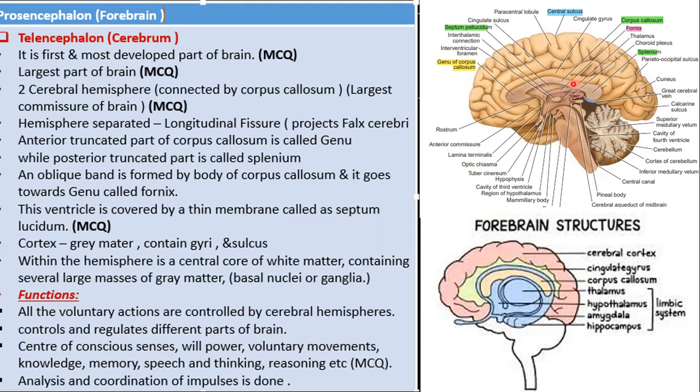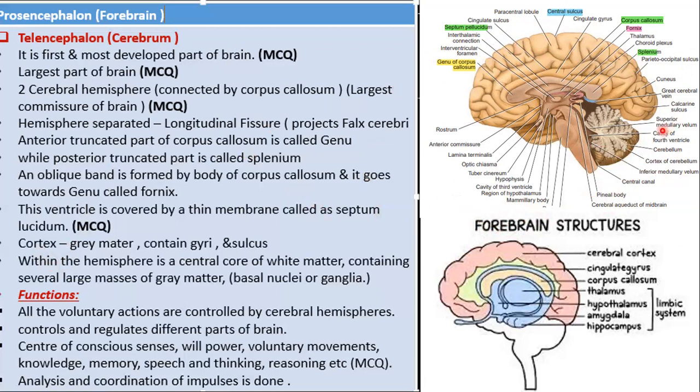We have ventricles in our cerebrum, and they are covered by a thin membrane that is known as the septum pellucidum. So the septum pellucidum covers these ventricles, the lateral ventricles and the third ventricle part, completely. Then we have the cortex.